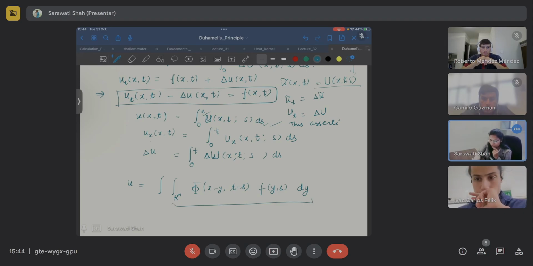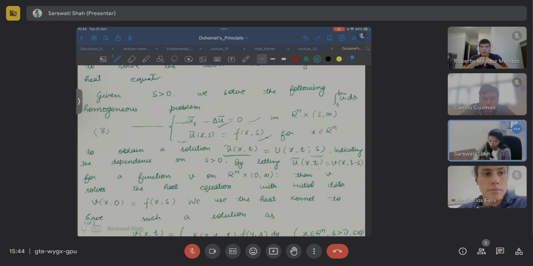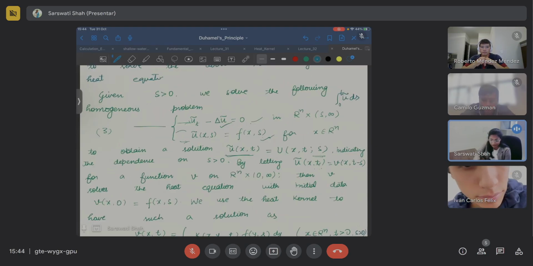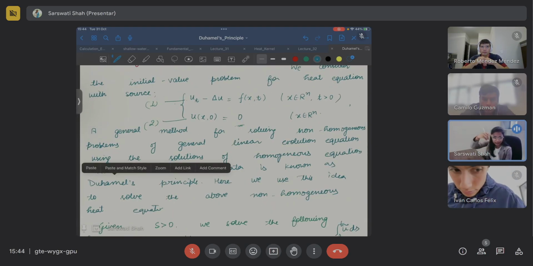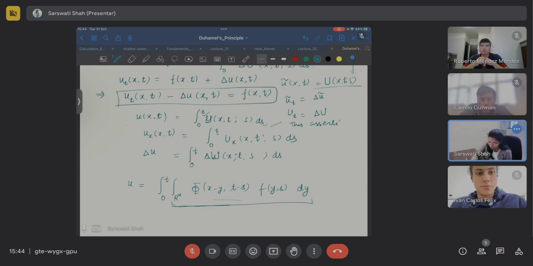This was the solution of the homogeneous heat equation, isn't it? So this will be the solution of this equation. However, to write the solution of this equation, we have to take again the integration over 0 to t, isn't it? Is it clear, Roberto?